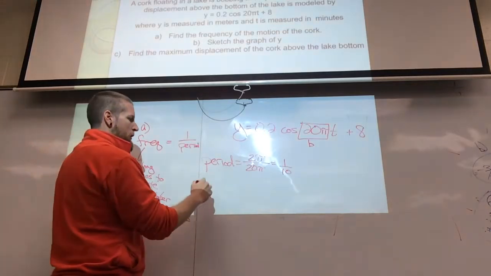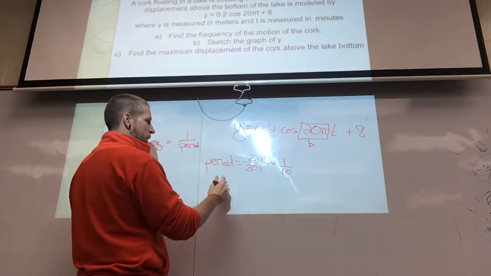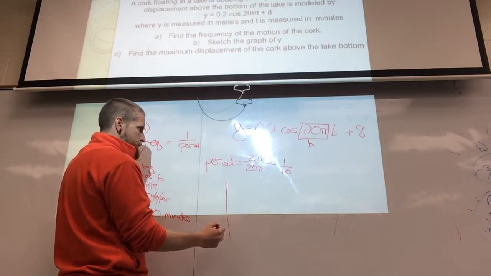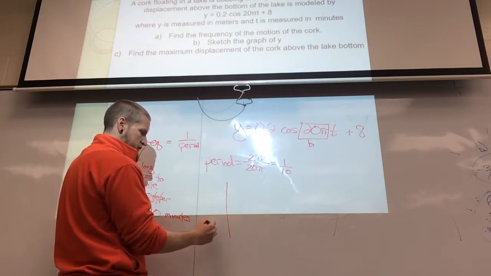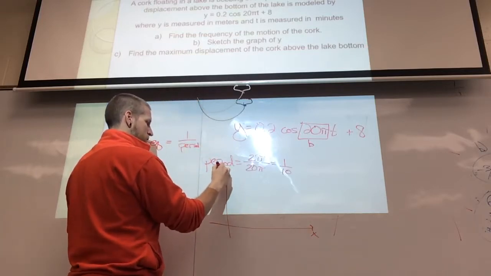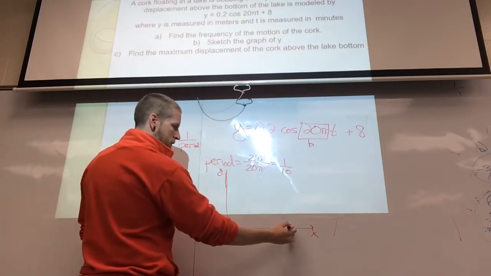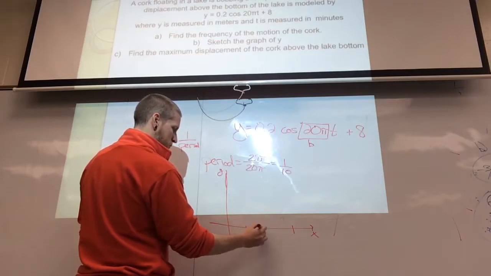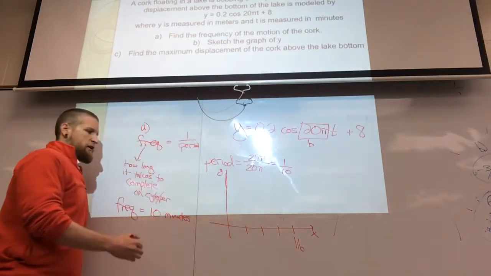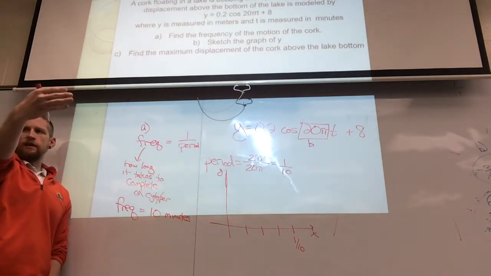All right, so for part B, when I do the sketch here, I've already got the period listed out. There is a shift to this, so we'll draw it like this. X, Y. Okay, so my period is going to start at the farthest end, just like I would always do it, right?